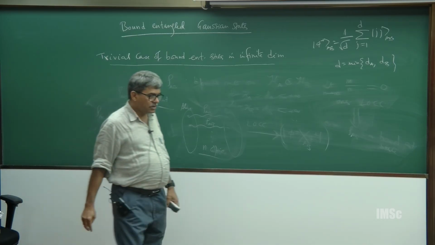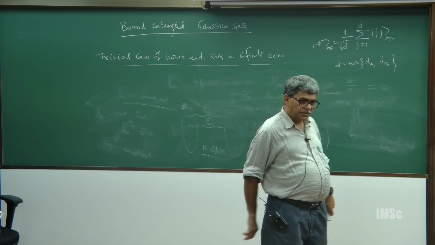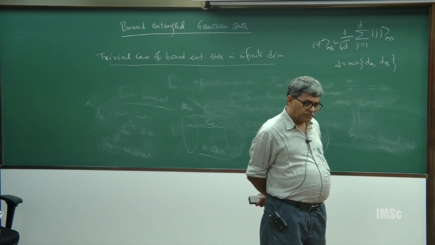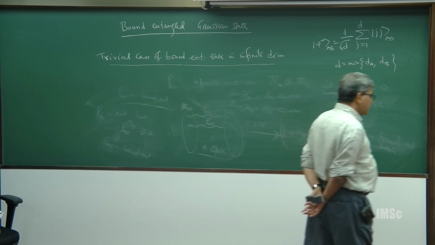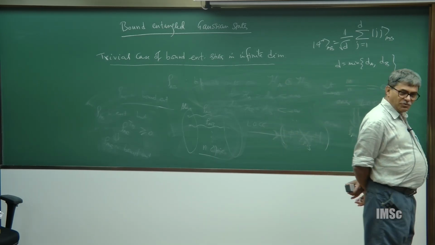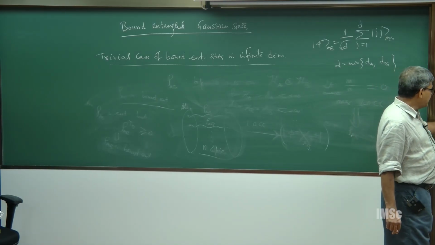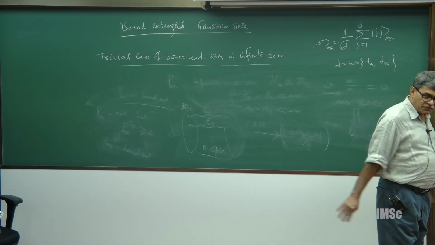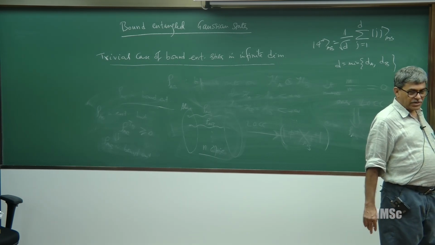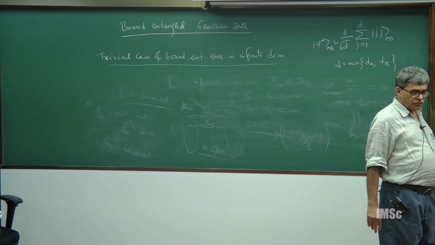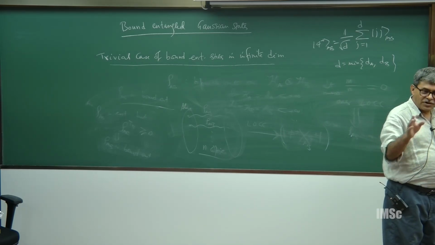Is there a way to explicitly show that the ratio in the large n limit goes to 0? In fact, you can try with LOCC to do that, but because this is PPT, no LOCC will work, nothing will work. So for PPT states, the distillation question does not arise.